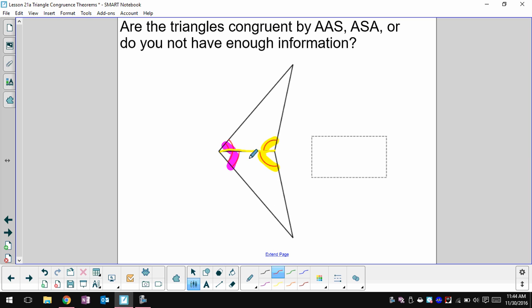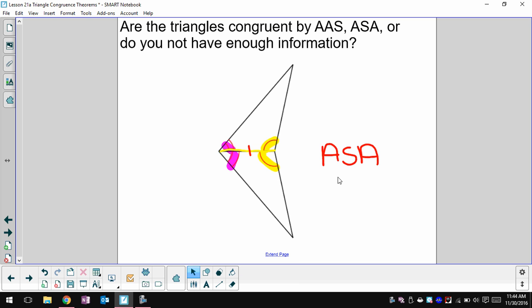Since that side belongs in both triangles, we can say that it's congruent in each triangle. So here we have two pairs of congruent angles, and we have the side in between those angles congruent. So since that side's between two pairs of angles, we have angle-side-angle. So that means every corresponding piece in this triangle and this triangle are congruent to each other. These triangles are exactly the same size and shape.